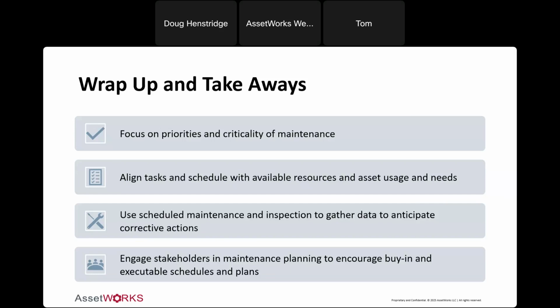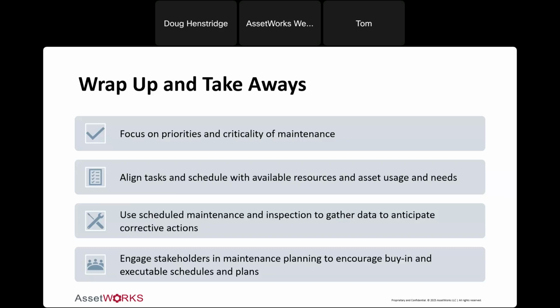Make sure you're using scheduled maintenance inspections to gather data to anticipate corrective actions, not waiting for things to fail and chasing after those repairs. That will drive your maintenance costs up, and it'll drive the life expectancy of your assets and your equipment down. So you want to find that balance where you get out of your assets what you need, and you minimize the cost, maximize your resources.